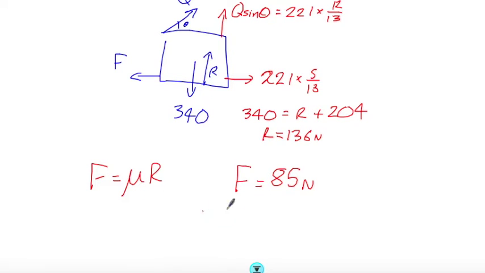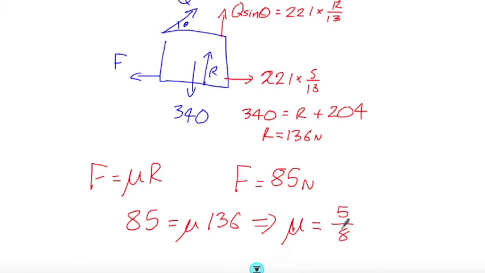So let's put these together. 85 has got to equal mu R, so mu times 136. So mu must be 5/8. Right, good. So if it's not at the point of sliding, that must mean that mu must be greater than 5/8.